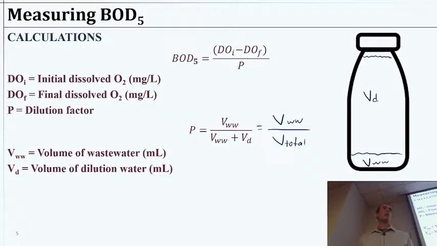What portion of the volume is wastewater? And because it is a portion, the milliliters cancel, and we don't have to do any conversions to worry about the milligrams per liter versus the milliliters that we're doing the volumes with. So this is the portion of the bottle, we'll say, that is wastewater.